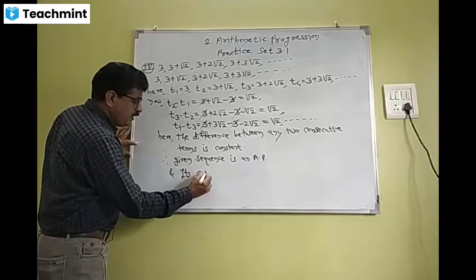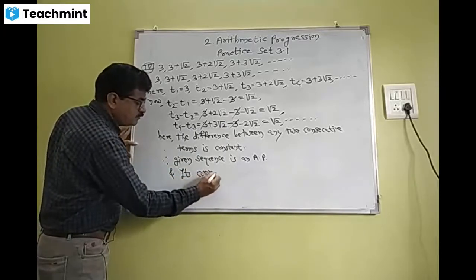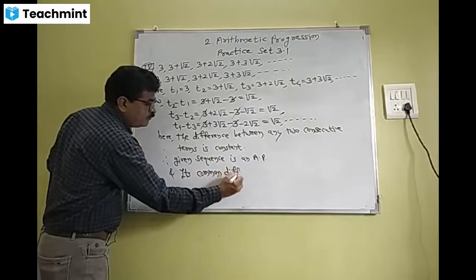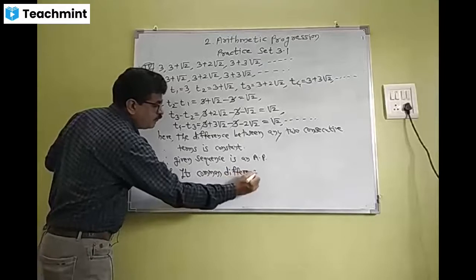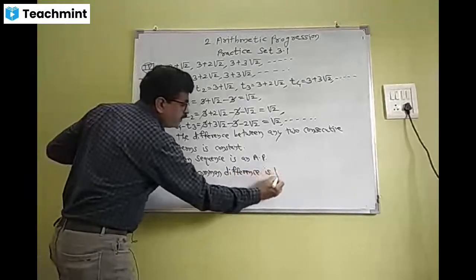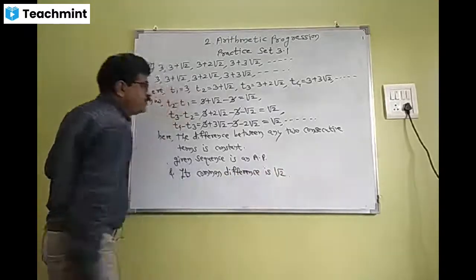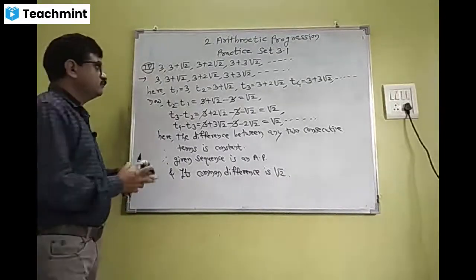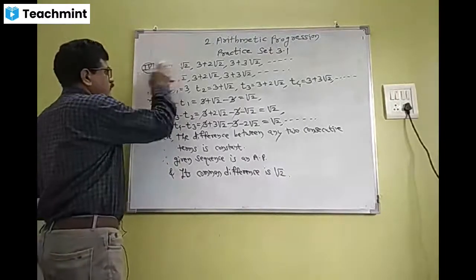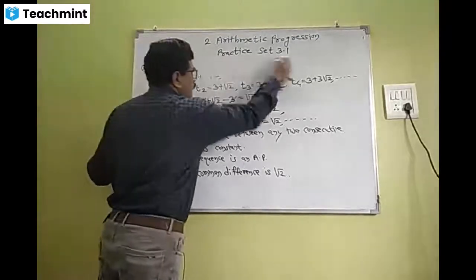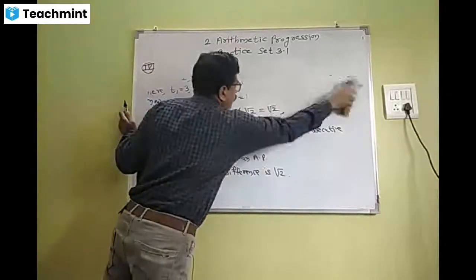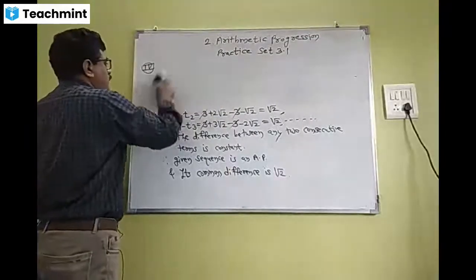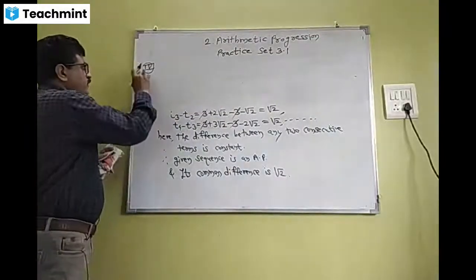Correct. Its common difference is square root 2. This is the answer. Now we will take one more example, number 5.